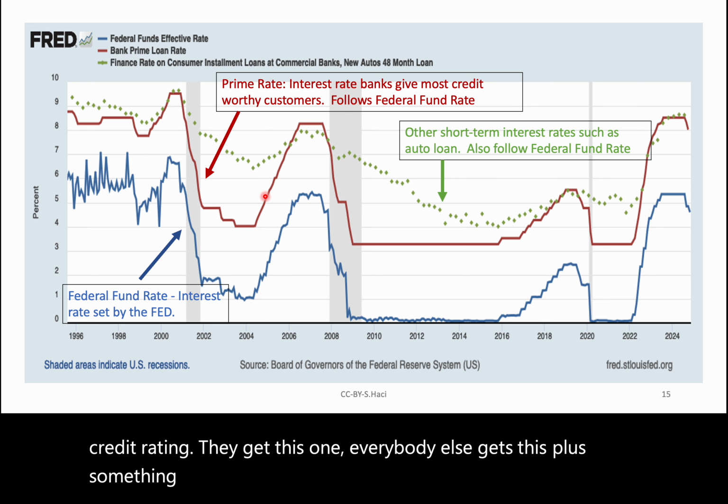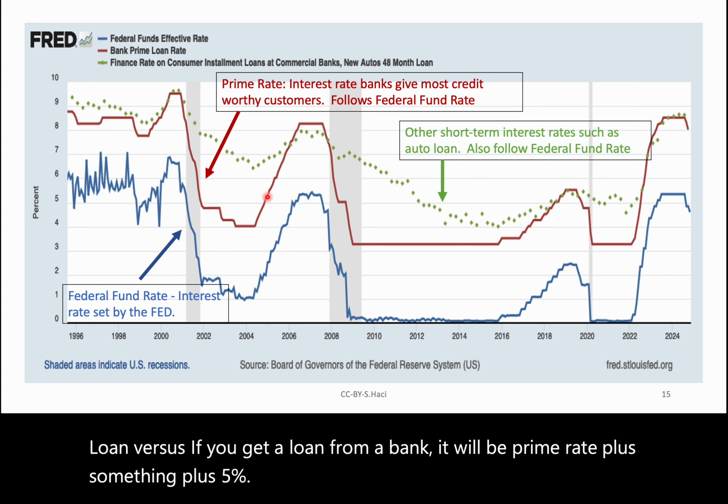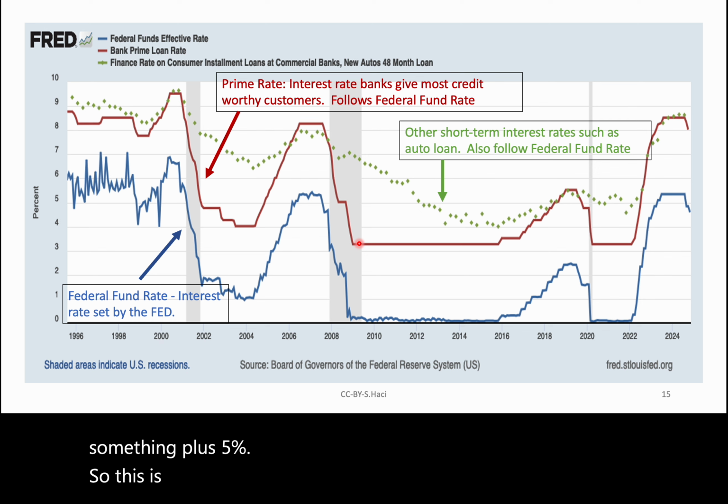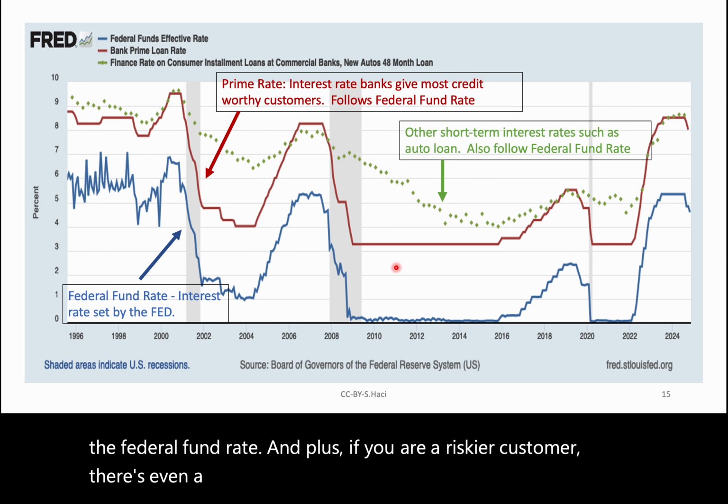Sometimes you'll see on your loan, for instance, if you get a loan from a bank, it will be prime rate plus something, plus 5%. So this is how the banks do it. They have a minimum premium on the federal fund rate, and plus, if you are a riskier customer, there's even a greater risk premium.